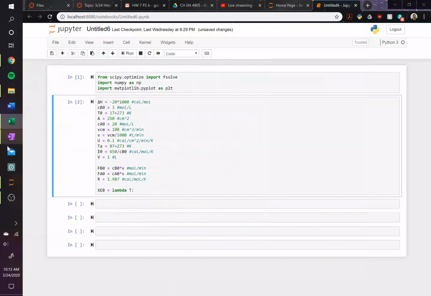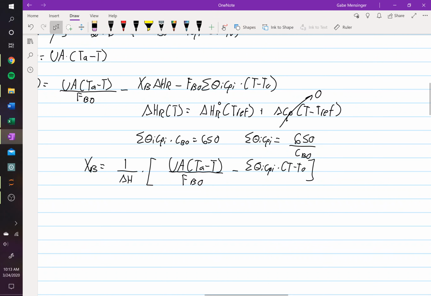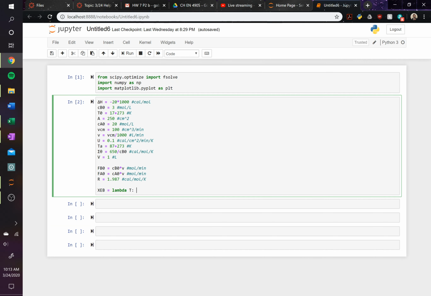For this one, we are going to put this big long equation in there. Hopefully this is showing up. Oh, it is, good.